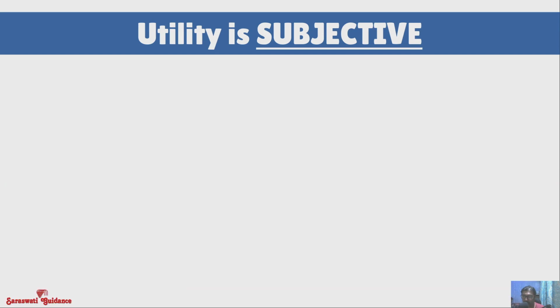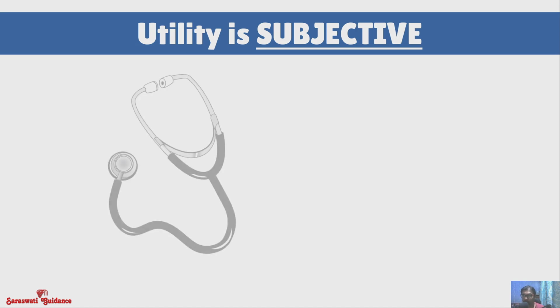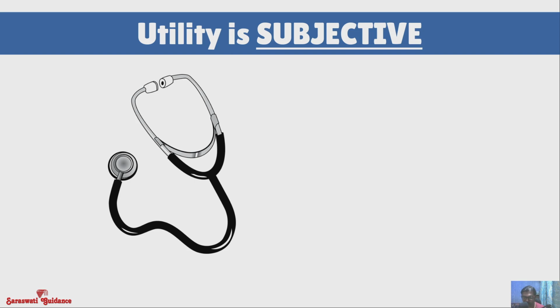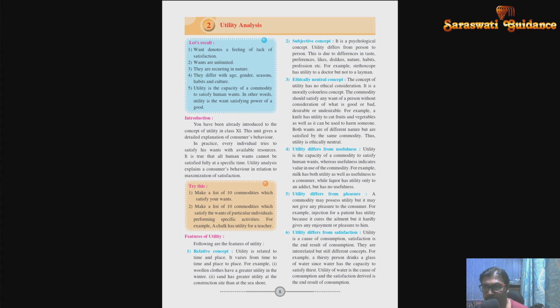Next feature of utility. Utility is subjective. On your screen you can see a stethoscope. By the way, I am taking all these examples from your textbook itself. If you take a look at your textbook, the same types of examples can be seen.